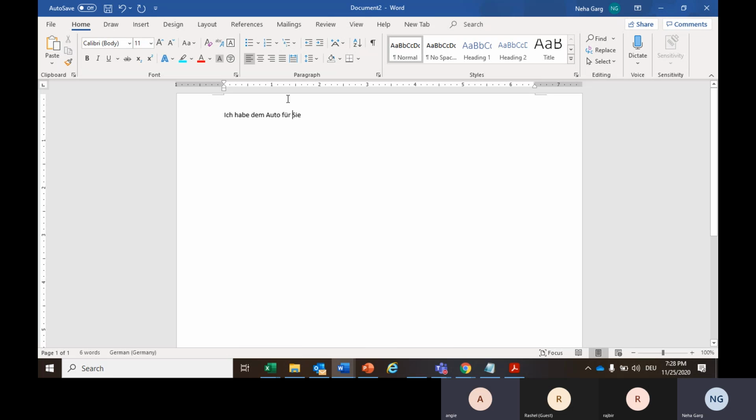So where is the dative here? Are you considering Auto as dative? So what is dative here? This is not for whom or to whom. Here, ihn cannot be dative because you have used für already here for you, which is an accusative preposition.